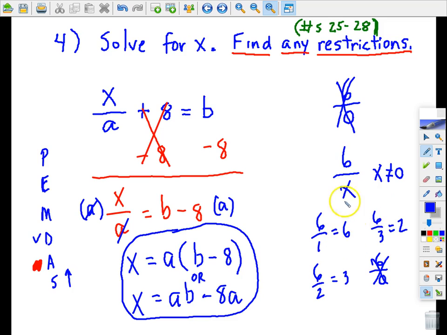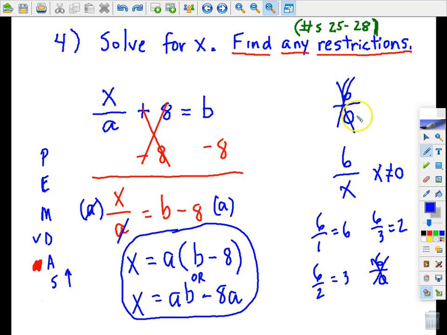Okay, so jumping back over to our problem, I'm going to look in the original problem and I notice that I'm dividing by a variable. We have the potential of dividing by 0 if we allow a to be 0. I can let a be any other number I want, but I cannot let it be 0.